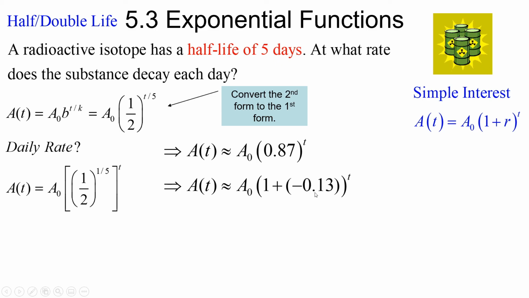Negative 0.13, and there is my growth rate. That's actually a decay rate. So I'm going to answer this question like this. Therefore, the daily decay rate is, since I said decay, I don't need that negative, it is 13%. And there you have it.